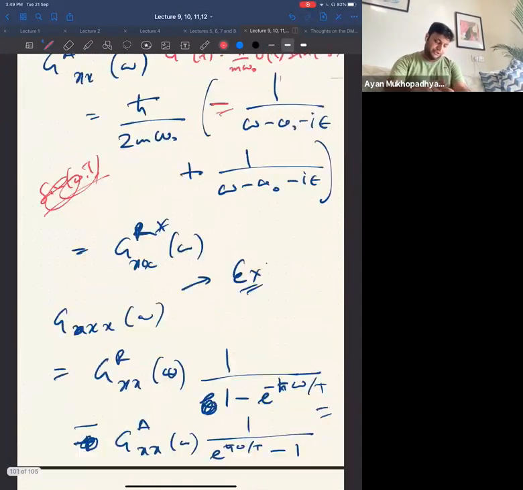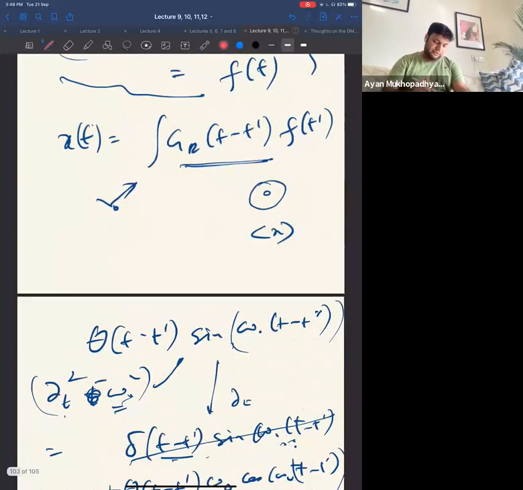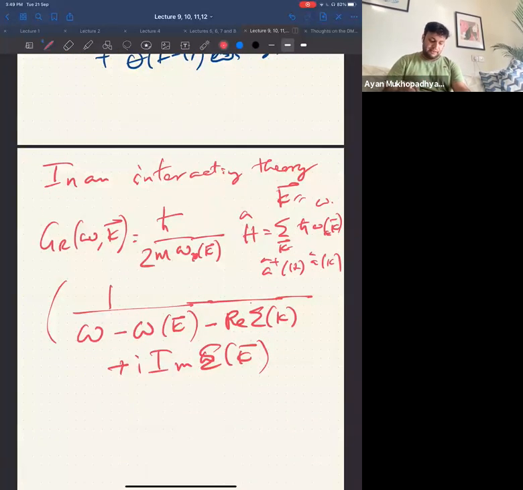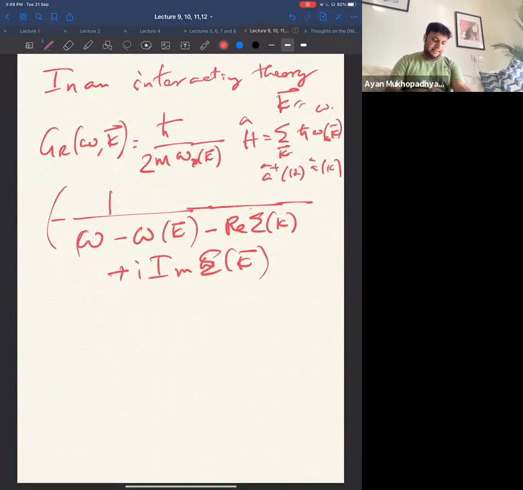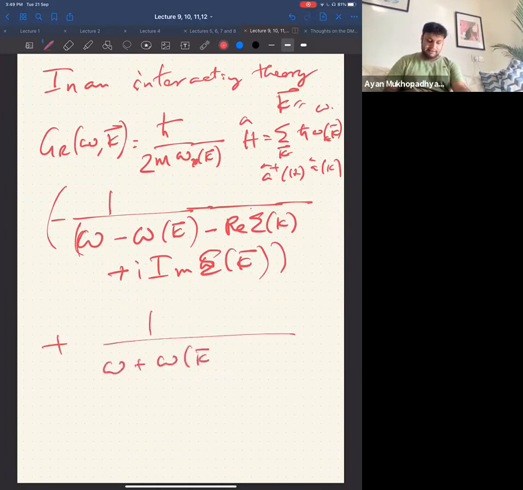And this is h bar by 2m omega naught. Sorry, I forgot to write 2m omega k. So this should be minus, and so this is all inside this thing. And then you have plus omega k, the same thing, plus real sigma k.